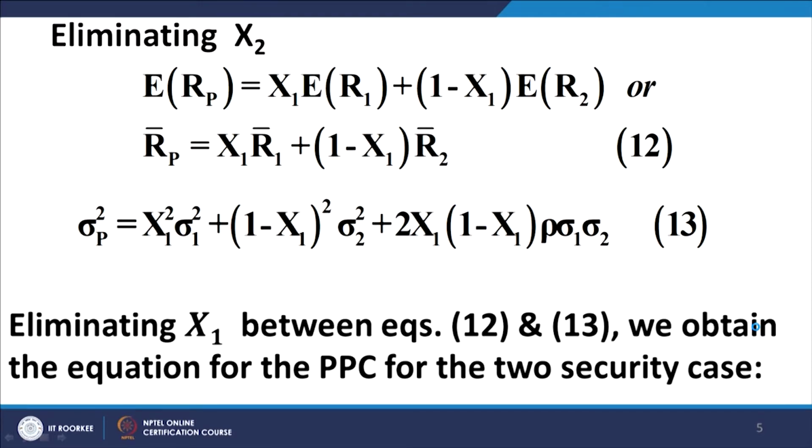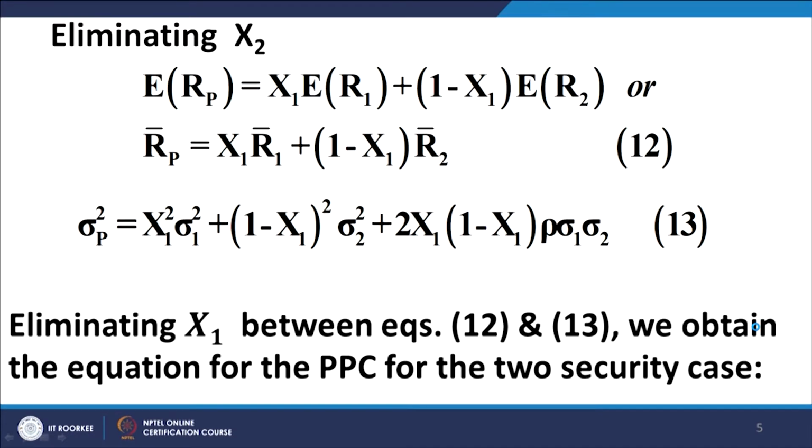If we eliminate x 2 among this set of equations, what we get is equation number 12, and the next equation gives you the variance of the 2 security portfolio in terms of x 1. And using these 2 equations, again we can eliminate x 1 as well.